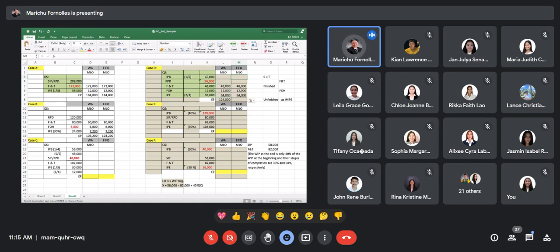So 1/6 times 60,000 equals 10,000, miss. Deduct 10,000 because that was already given last month. So 124,000 EP under weighted average minus your EP in IPB of 10,000 equals your EP under first in, first out, which is 114,000.